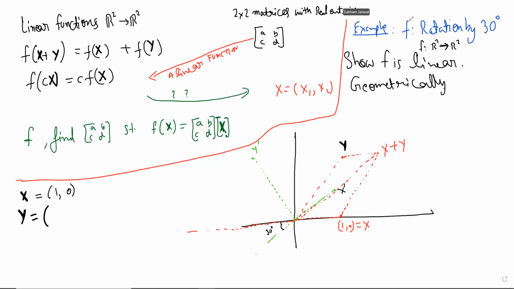If it's y prime, any something prime, that is 30 degrees. It will be here like this. This is x plus y prime. This is f of x plus y.